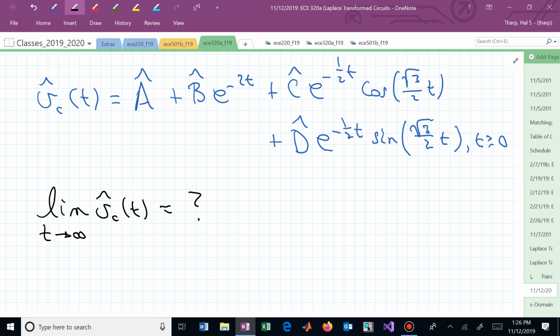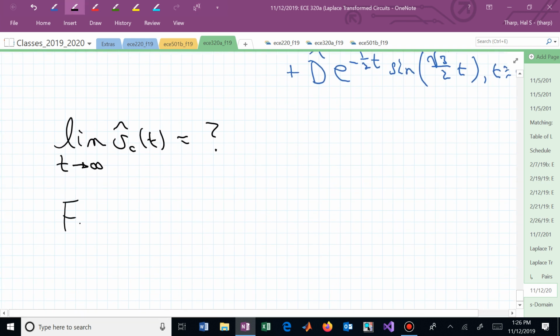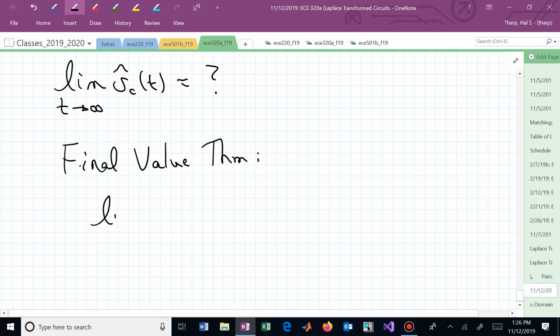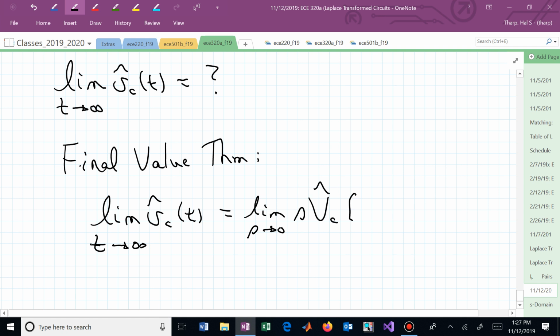We could just work with the transform expression for V sub C hat of t. The final value theorem tells us, so here's the final value theorem. This tells us that the limit in the time domain of V sub C hat of t as t goes to infinity is in fact equal to the limit as s goes to 0 of s V sub C hat of s.